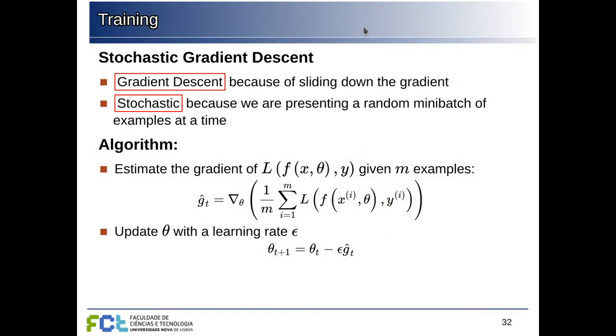So this is the basic stochastic gradient descent, where we estimate the gradient at step t by looking at the average of the loss function over a sample of examples. So just to explain here, we have this loss function that depends on the output of our network, and the output of the network depends on the input that we give it, each example, and the parameters that we currently have.